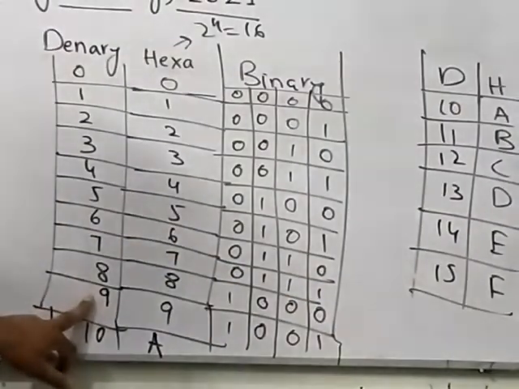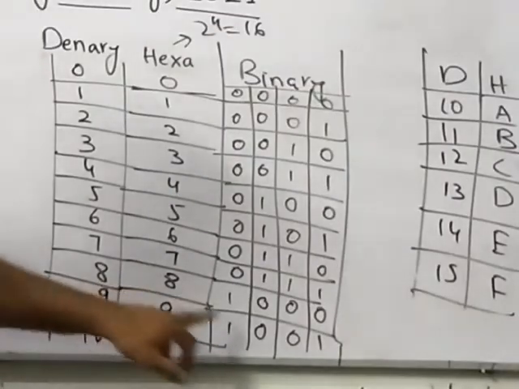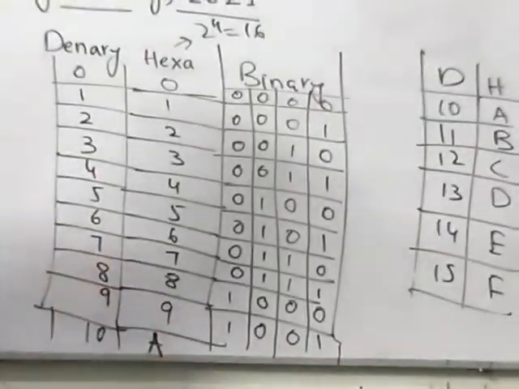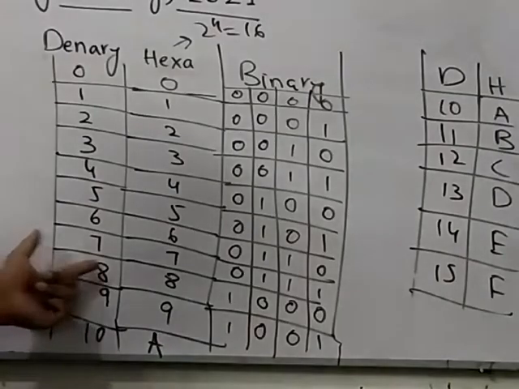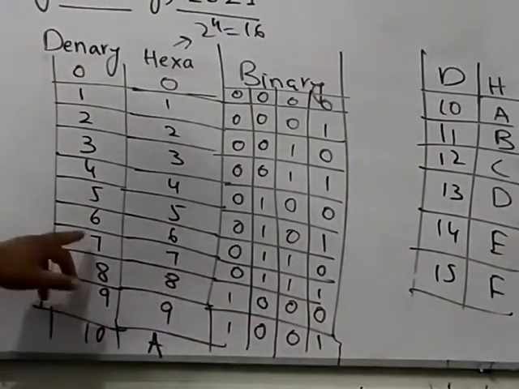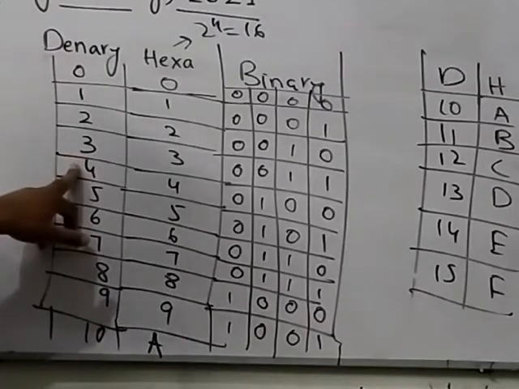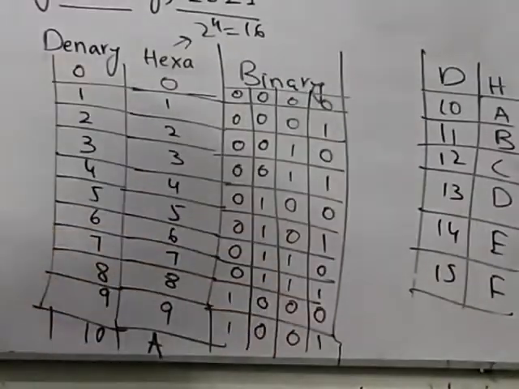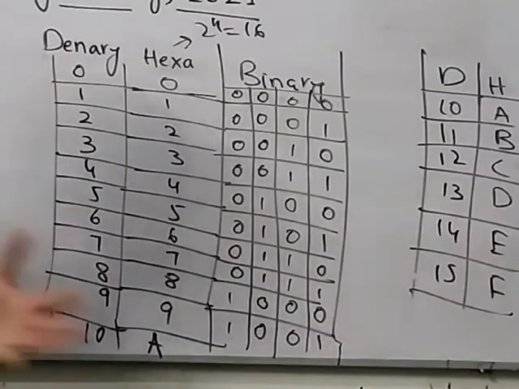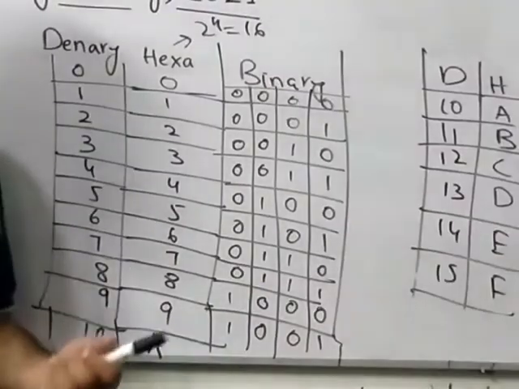What is the binary value of this denary number? 1001. What is the binary value of 8? 1000. What is the binary value of 4? 0100. Like that, you can complete this table.